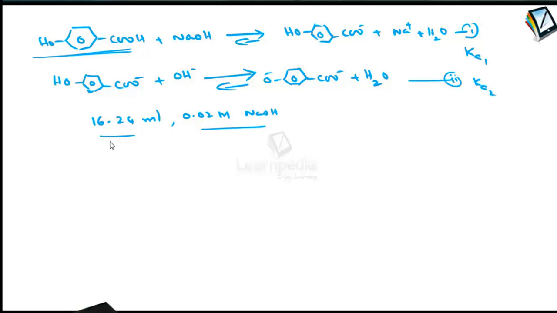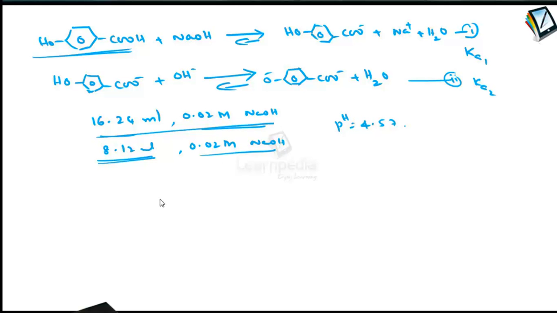But in the first instance, by the time 8.12 ml, which is exactly half of the same NaOH, is added, the pH is found to be 4.57. So from this, what can we understand? 8.12 ml of the same NaOH being exactly half of the equivalence point, half the neutralization takes place.